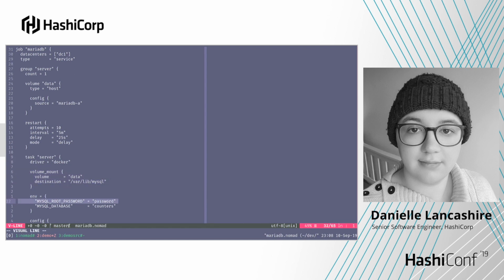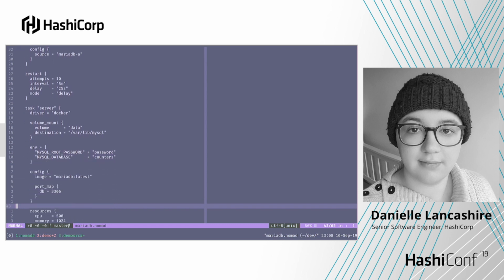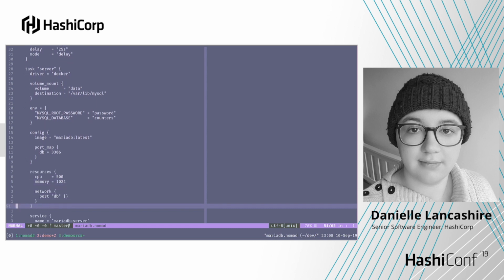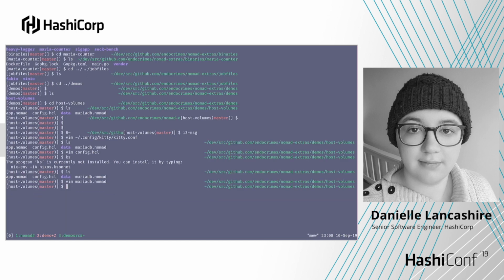We have a very secure root password that is generated by Vault, pulled into the task. It's all magical. And then the rest is just a regular Nomad job that exposes a service to Consul.